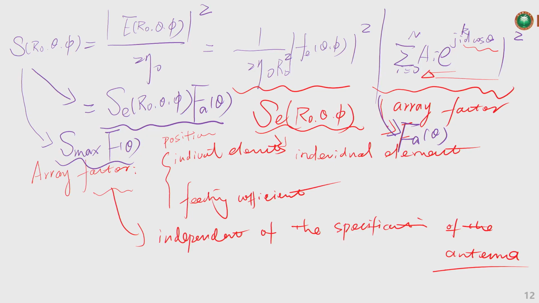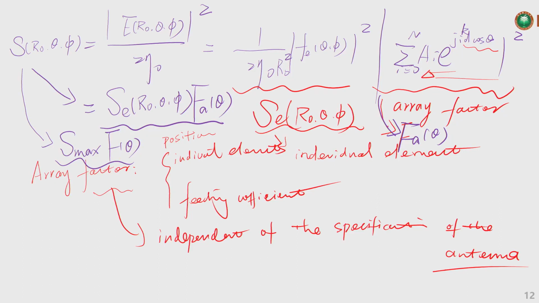This equation demonstrates the pattern multiplication principle. It helps us figure out the power density of the antenna arrays by computing the single-element power pattern and multiplying the array factor together, and then you can get all these things.